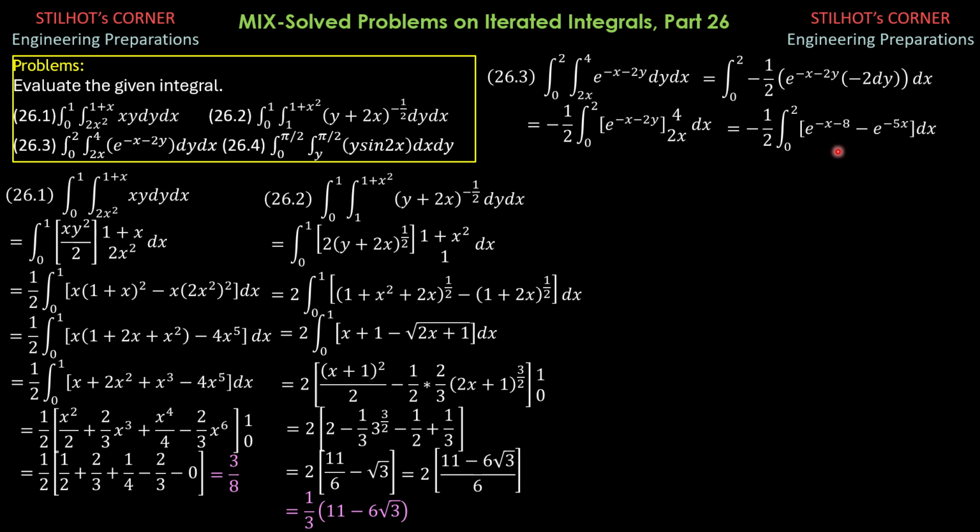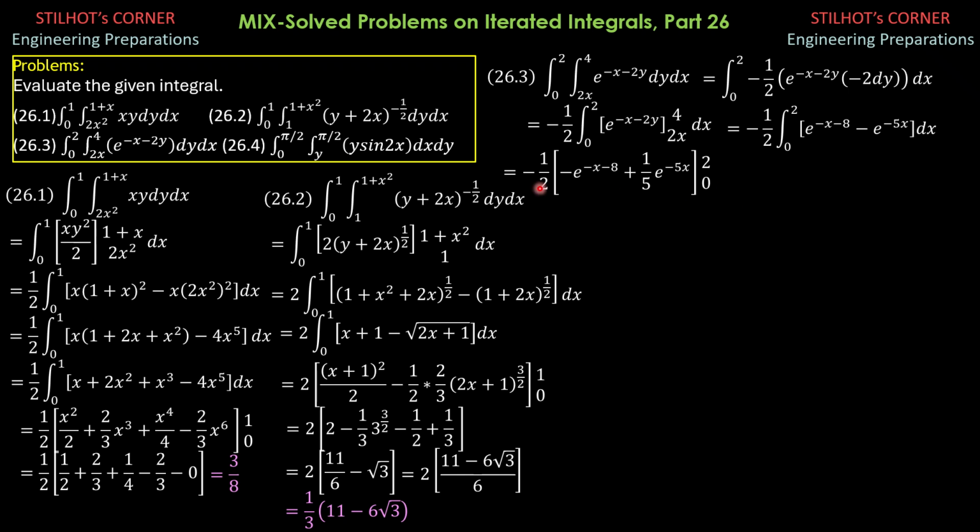We then proceed. This is e to the u, negative. So negative 1/2 quantity negative e to the negative x minus 8, negative 1 times negative 1/5, so plus 1/5 e to the negative 5x from 0 to 2.